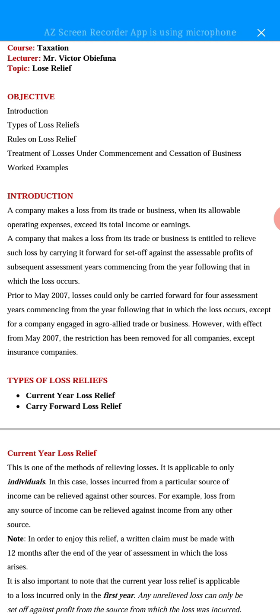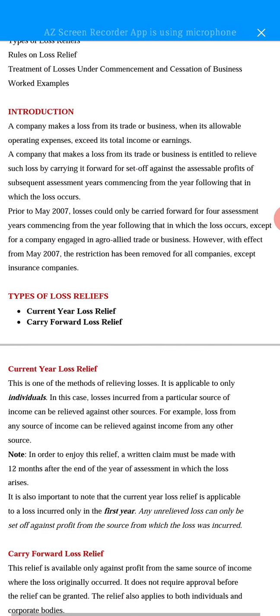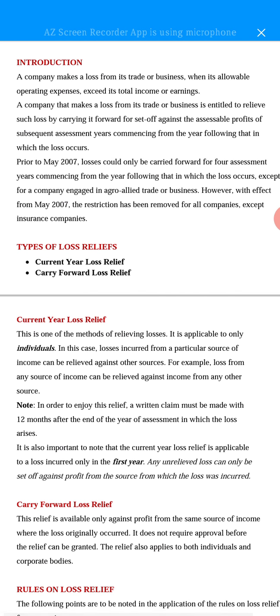That is to say, prior to May 2007, companies were only allowed to carry over their loss for just 4 years, aside from agro-allied companies. But from 2007 till date, the only company that carries over its loss for just a period of 4 years is the insurance company.